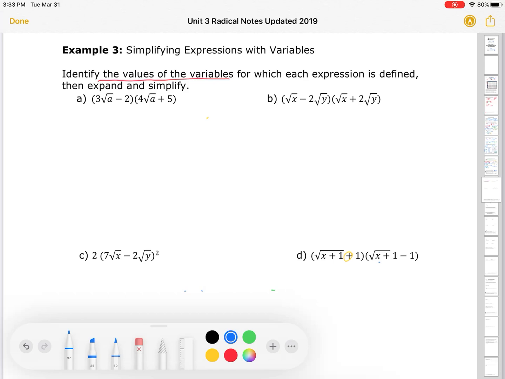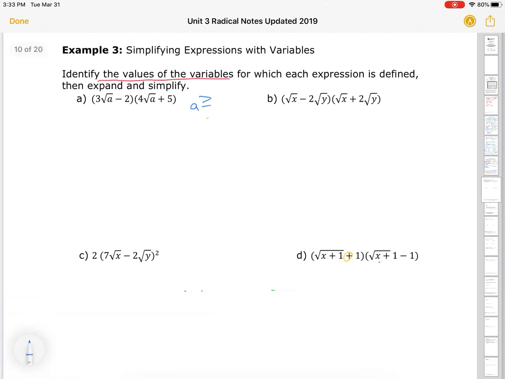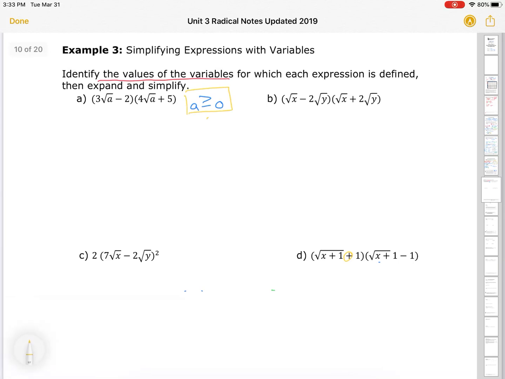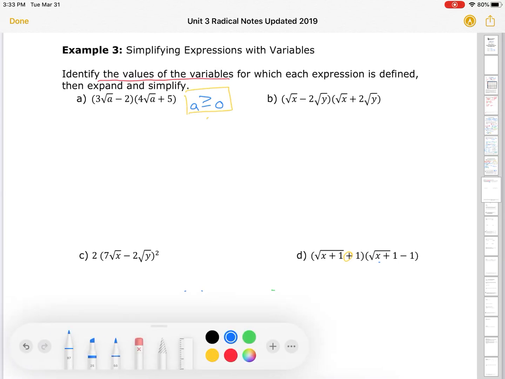So I need to tell what values I can use for a. So root a means that a must be greater than or equal to 0. So that's the values for a for which that expression is defined. Okay, so that's our first step.